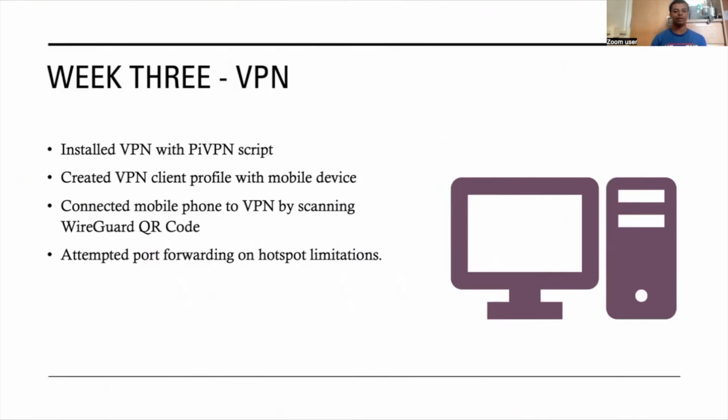Then I downloaded the WireGuard app on my phone, so that I can connect my mobile phone to the VPN by scanning the WireGuard QR code that I made with my Linux system. After that, I attempted port forwarding, which ran into hotspot limitations.